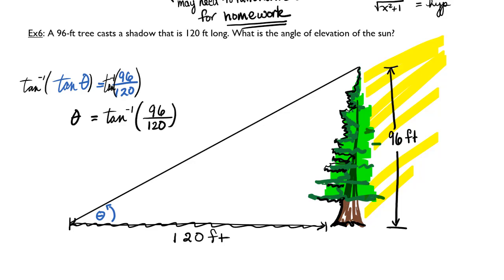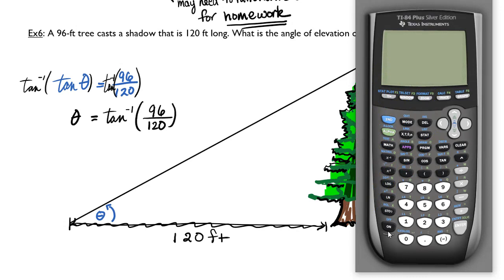If we do this in degrees, it will be a little easier to calculate. Grab your calculator, turn it on, make sure that you are in degrees, so check your mode, go to degrees, second quit, now do tan inverse, or arctan, of 96 divided by 120.